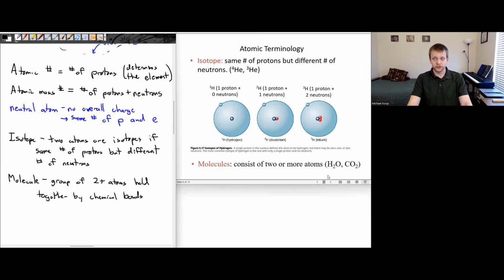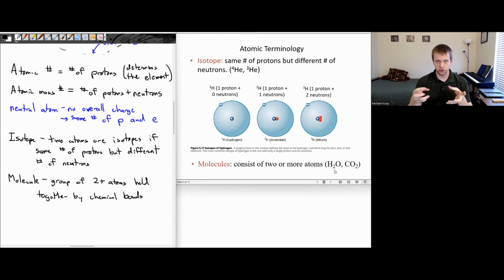There are some that should hopefully come to mind, say H2O, water, one oxygen atom connected to two hydrogen atoms. Or CO2, carbon dioxide, one carbon atom connected to two oxygen atoms. And those are held together by chemical bonds.